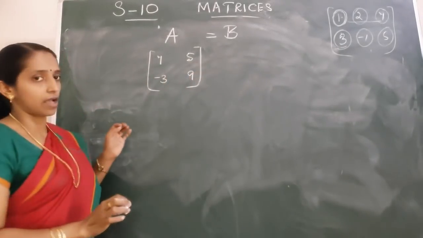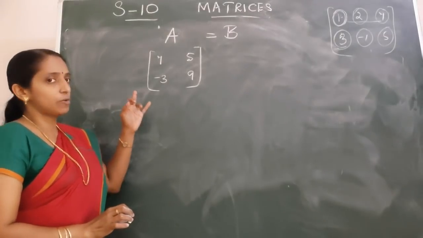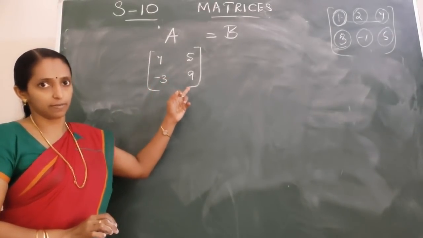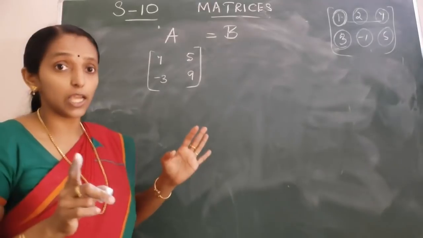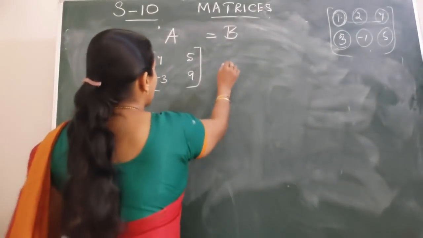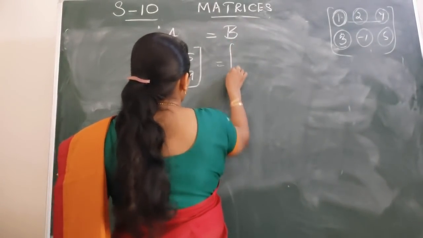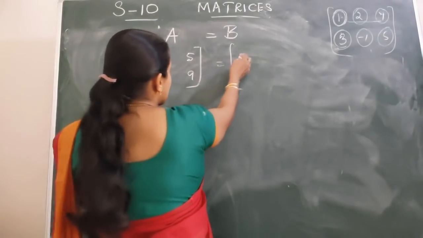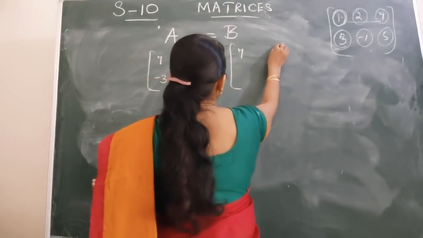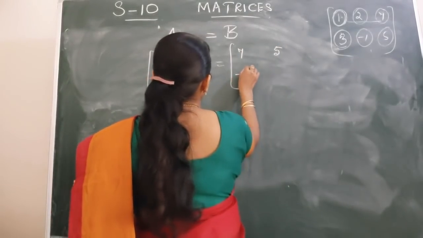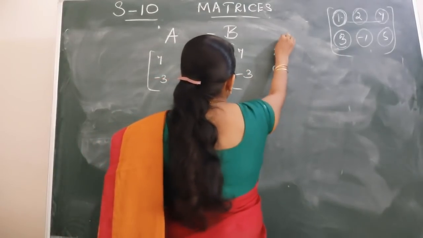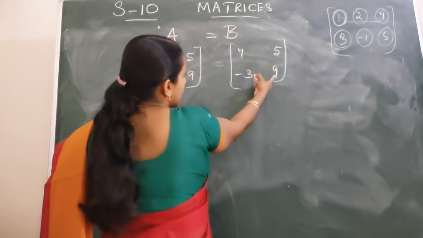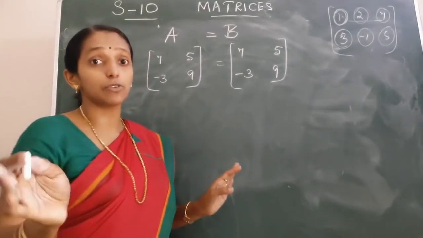Equality of matrix: A equal to B if and only if the elements of A, given as 7, 5, minus 3, 9, are equal to the elements of B in the correct position. You cannot rearrange the elements. The right position should be 7, 5, minus 3, 9. If 7 comes here and 9 comes here instead, that won't be equal.